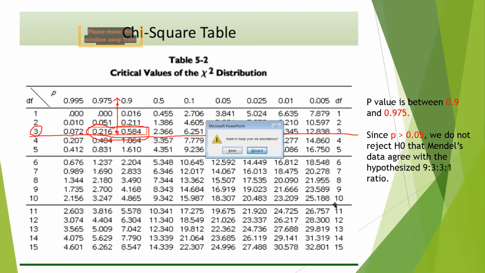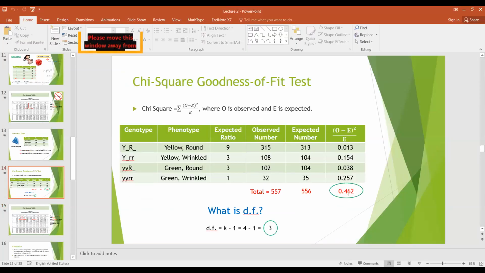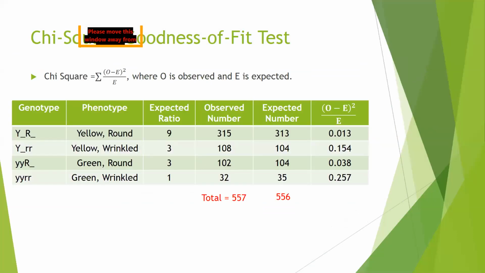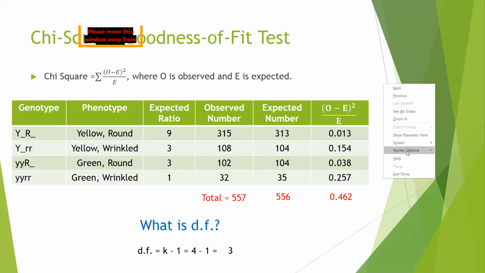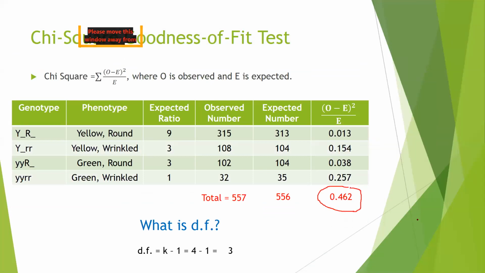So let me quickly go back to this slide. First, we understand this is the statistic we calculated for this test, right? It is 0.46. Okay, remember this number, please. That's the statistic you calculated for your data.